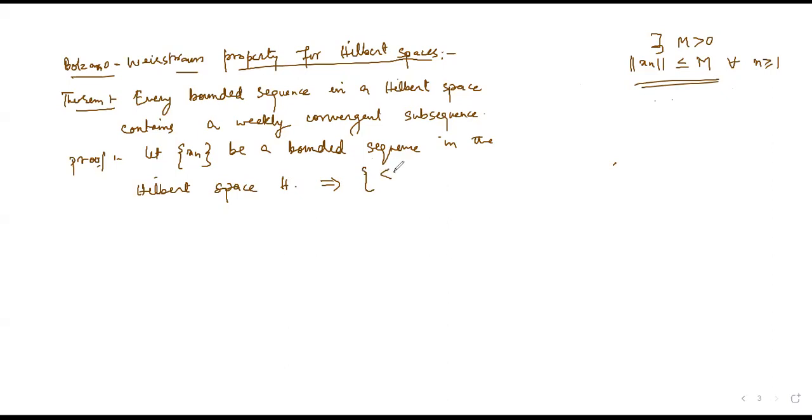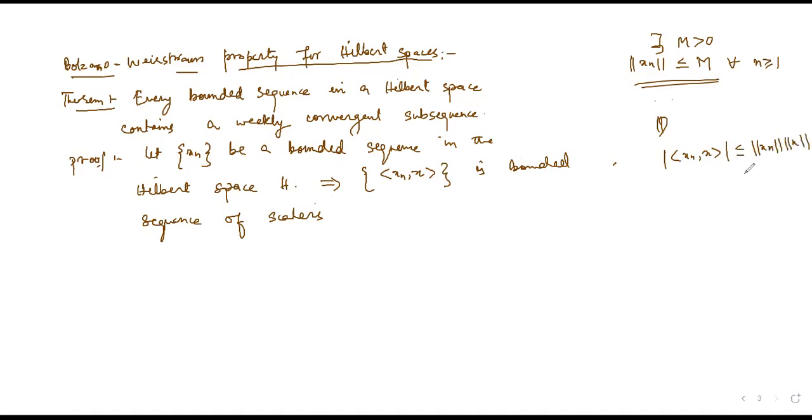We can also prove it directly. Let me write it like this: the sequence of scalars <xn, x> is bounded. Why? Because we know that |<xn, x>| is less than or equal to norm xn times norm x, which is less than or equal to M times norm x. So if I fix x and let n range, this is a sequence of scalars, complex numbers, that is bounded.